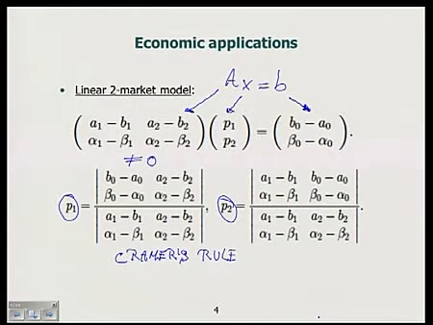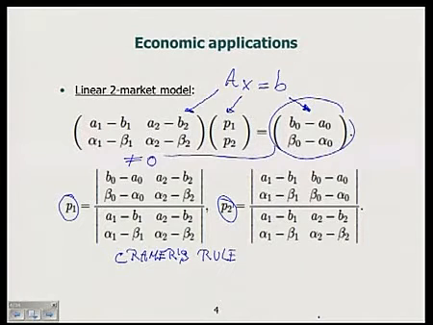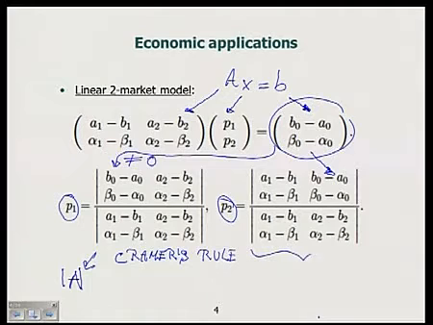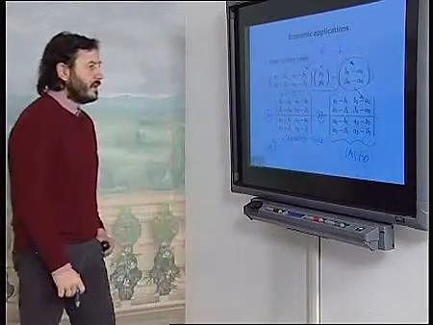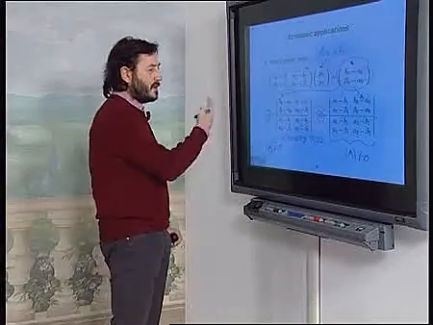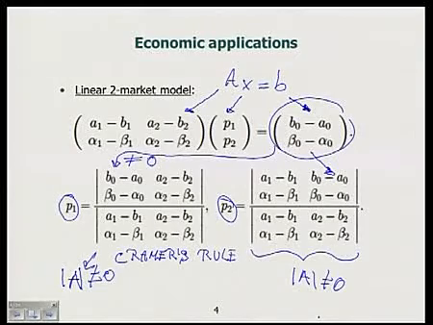With Cramer's rule, we take this element and substitute on the first column, and this term we substitute on the second column, and the quotient is, this is the determinant of matrix A, and this is the determinant of matrix A, and this must be obviously different from 0. And with Cramer's rule, we compute easily P1 and P2. This is a very simple application, as you can see.